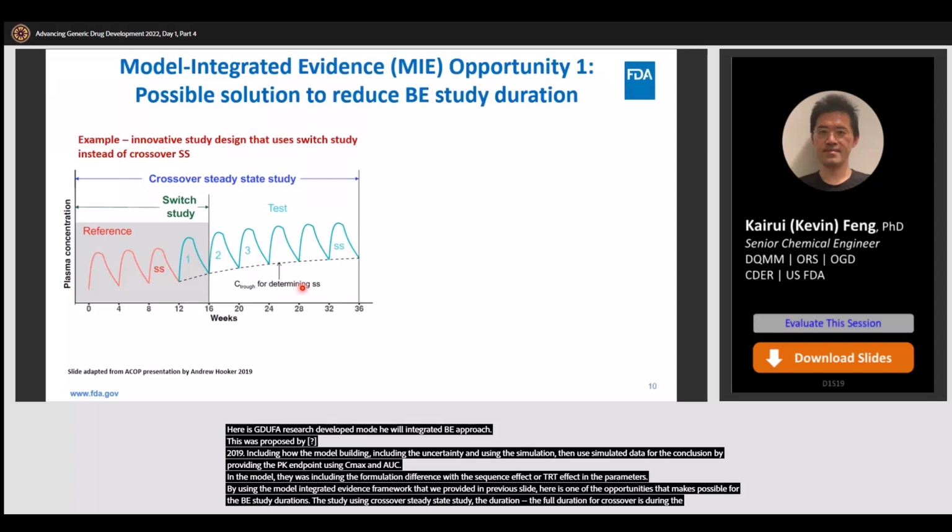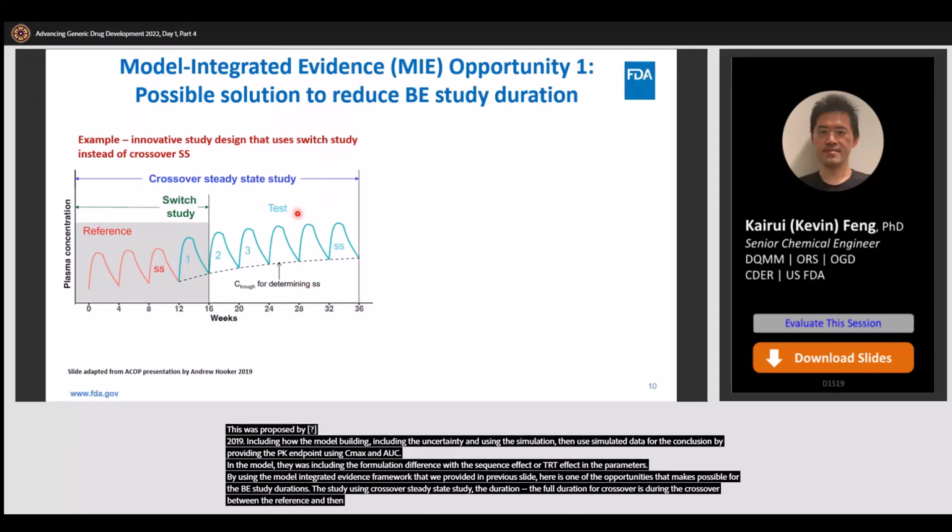So it is possible that I can do one period using the switchover study and avoid including the rest of the study to reduce the studies.